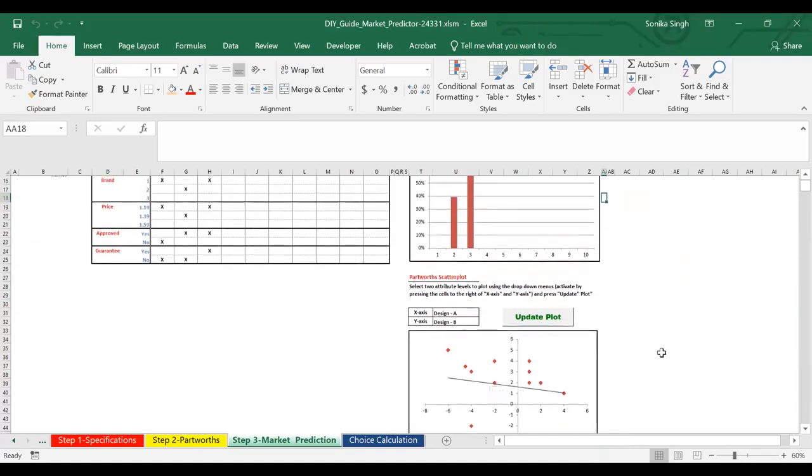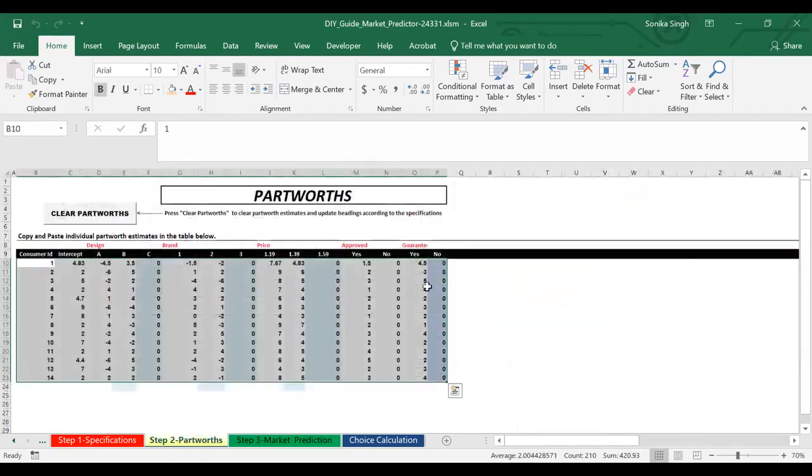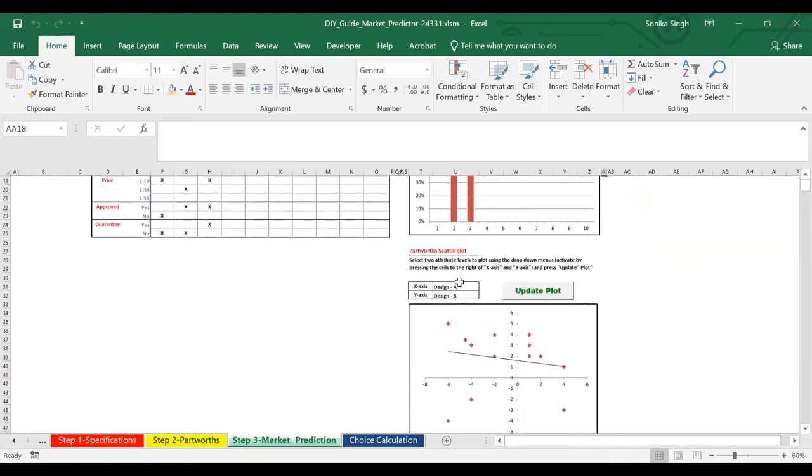The other thing I want to show you is that if you want to draw a scatter plot, to plot these individual part worths, this particular design gives you the flexibility. For example, you want to choose between design A and design B. It will plot the part worths for all 14 consumers for design A versus design B. You can choose, let's say, price 1.19 and price 1.59 and click on update the plot.